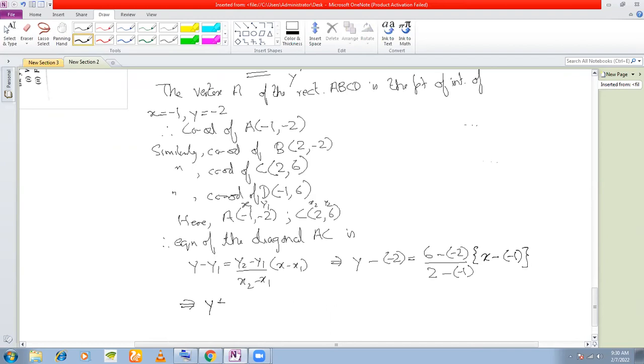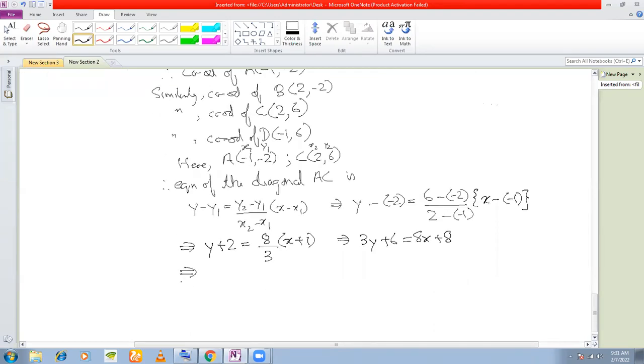Now you just simplify this. You get y plus 2 is equal to 6 plus 2, which is 8, divided by 2 plus 1, which is 3, into x plus 1. Cross multiply, you get 3y plus 6 is equal to 8x plus 8, right?